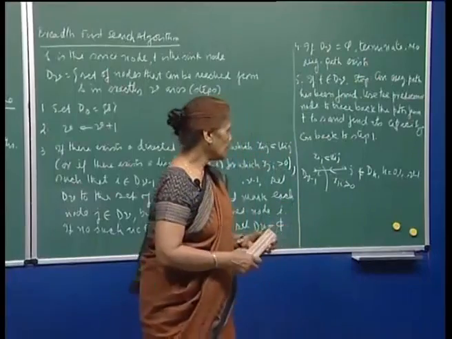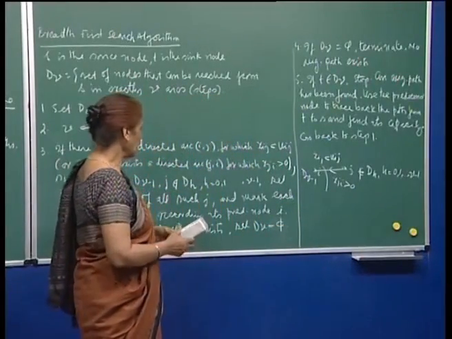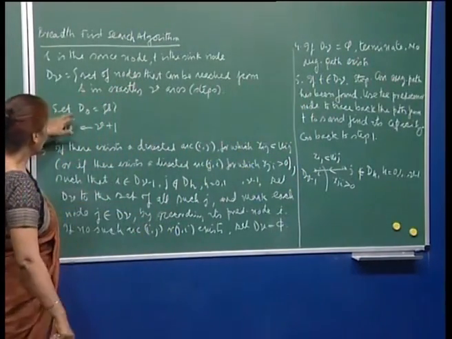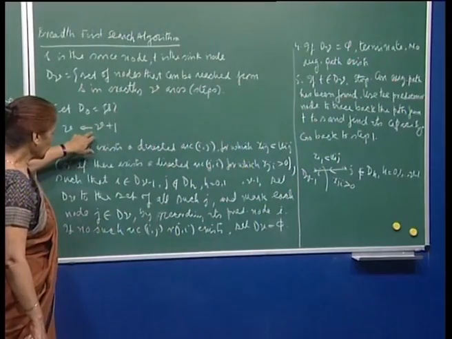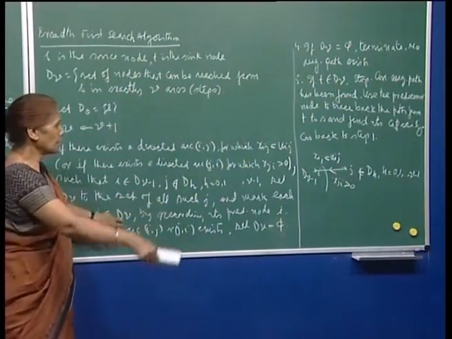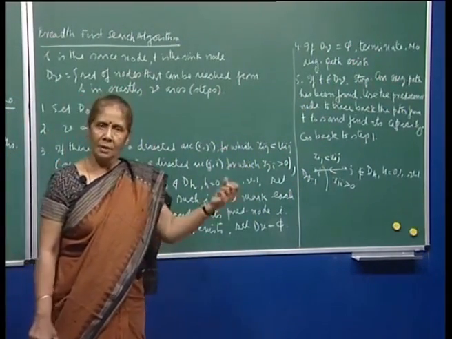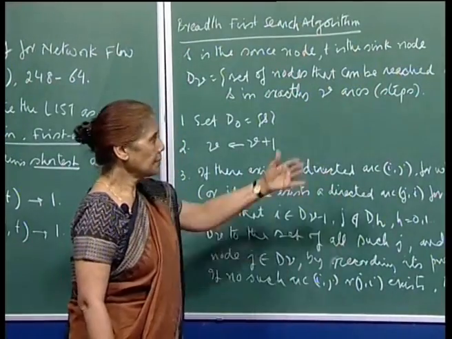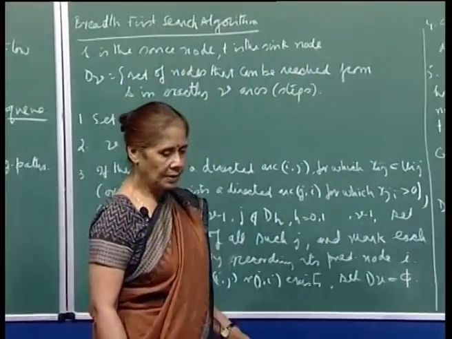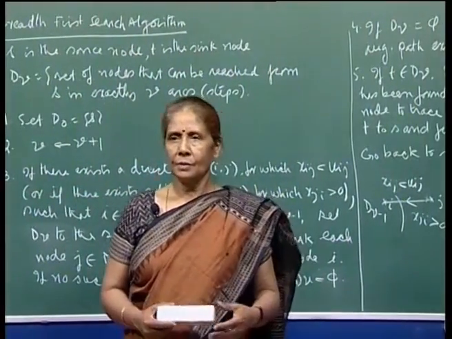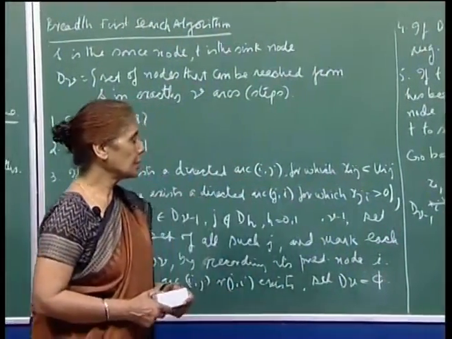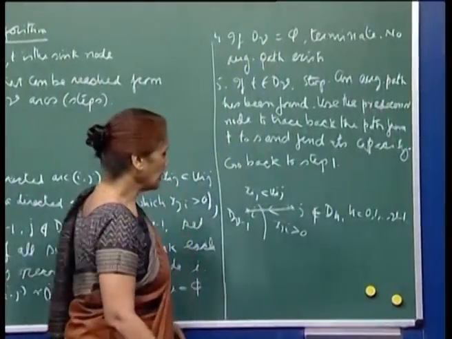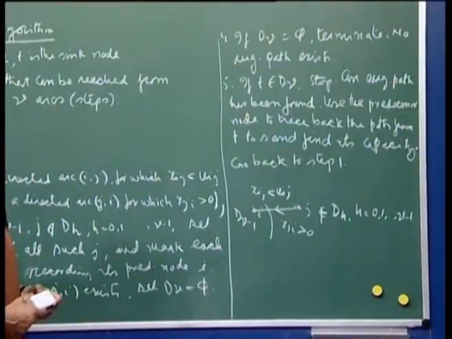Once you have constructed the set d new, we go to the new set, increase the index, and again find all admissible arcs from the nodes in d new. Finally, either we are able to label T, or one of the sets comes out empty and we cannot, and then we stop. So, let me work out an example here.